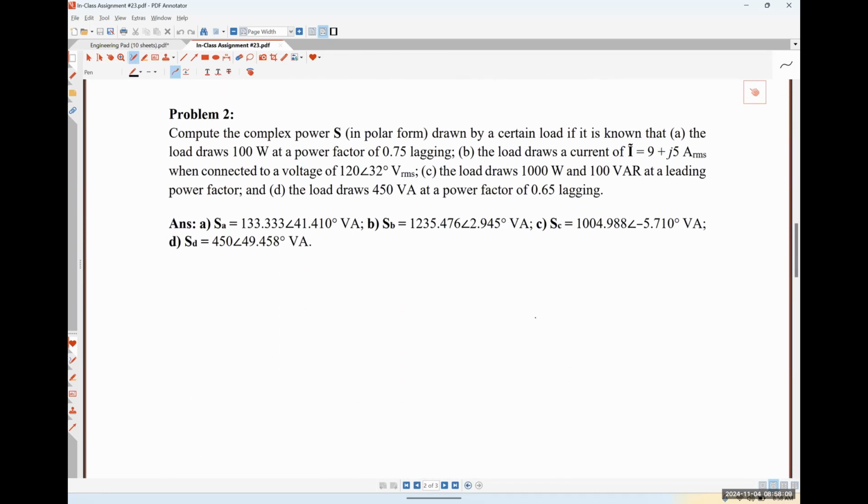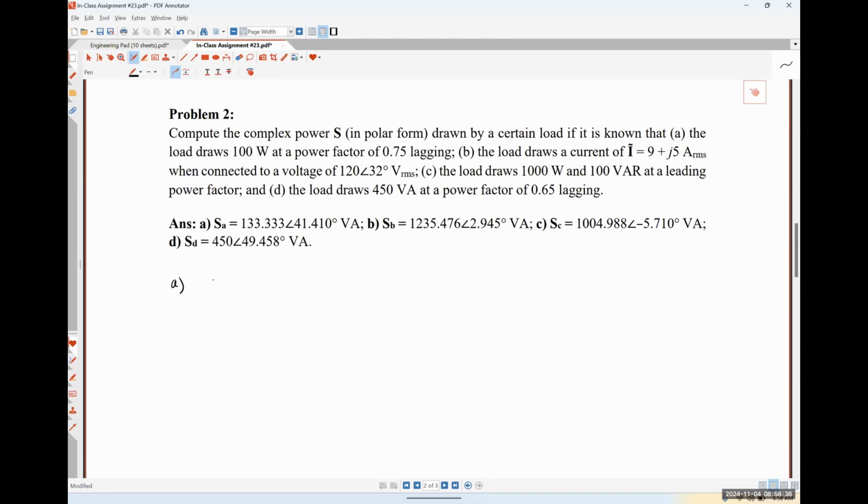Okay. So in problem 2, we are asked to compute the complex power in polar form drawn by a certain load under various conditions. So for part A, we are told that the load draws 100 watts. If I'm telling you that the load is drawing 100 watts, what part of the complex power am I talking about?